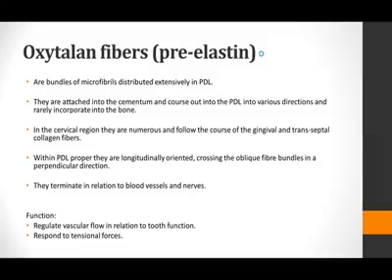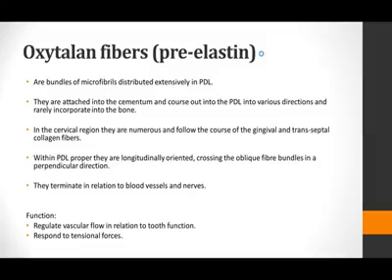So these oxytalan fibers are microfibril bundles that extend from the cementum into the PDL in various directions, but they do not incorporate into the bone on the opposite side.